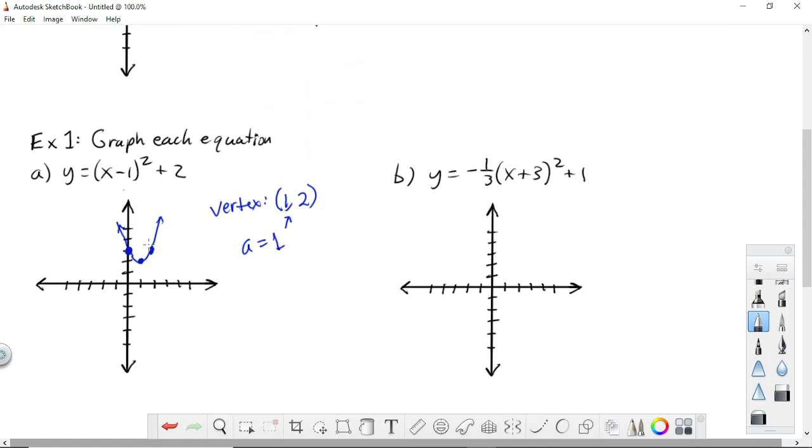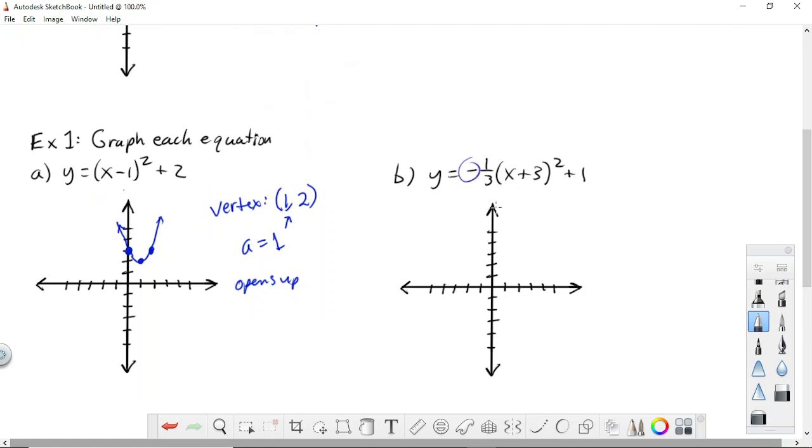We have it opening up, and that's correct. But we should write that down and make a note of it and make sure we get it right. It opens up because A is positive. There's nothing negative multiplied by this out front. It's positive, and that's why it opens up. Okay, so let's look at the next one.